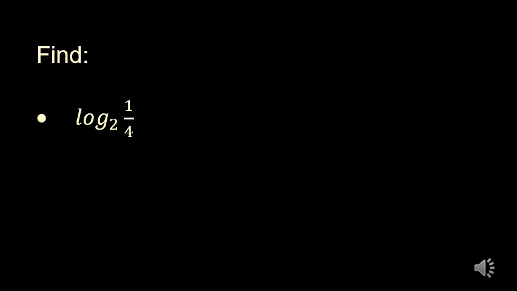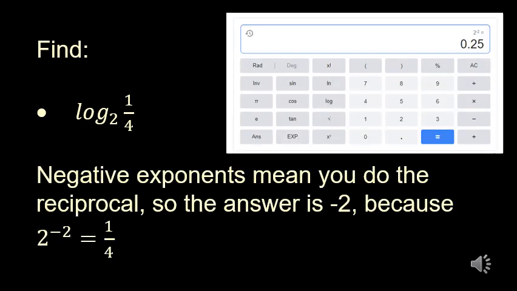And here's one more that I want you to look at and see if you can remember how this one might work. The log base 2 of a fourth. So this is the same as asking 2 to the what gives you 1/4.